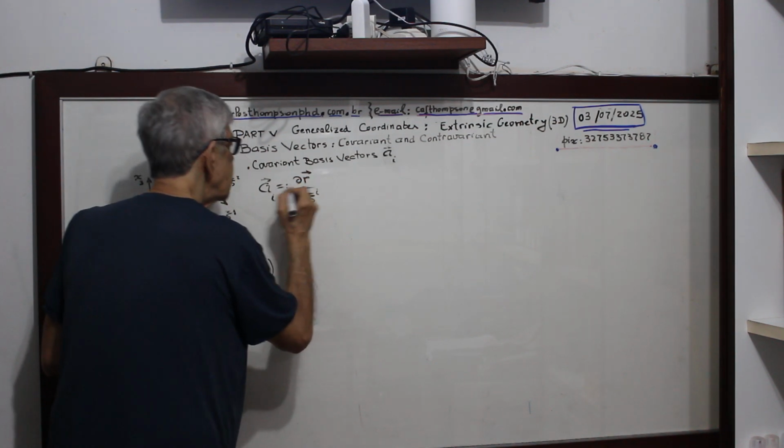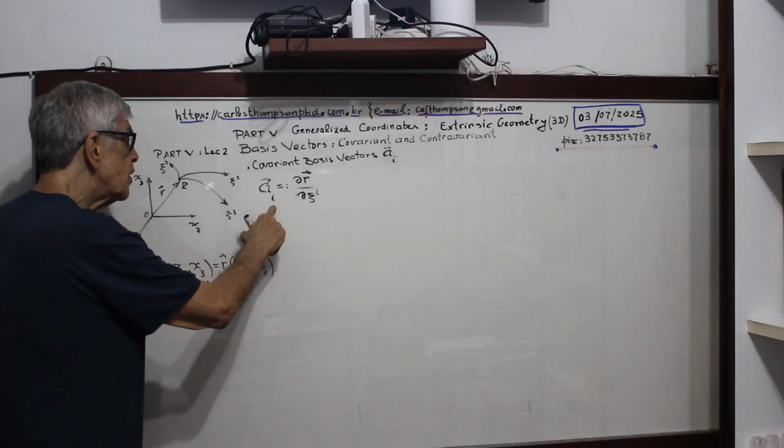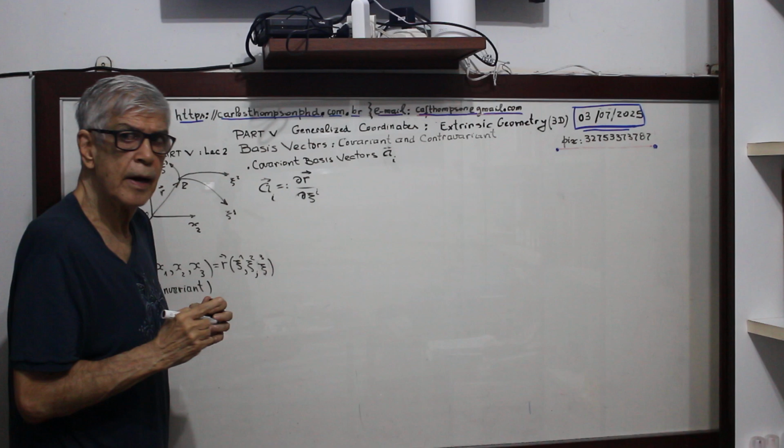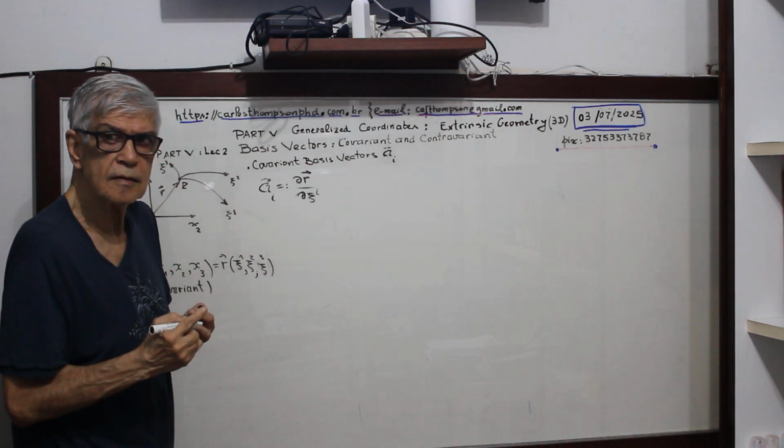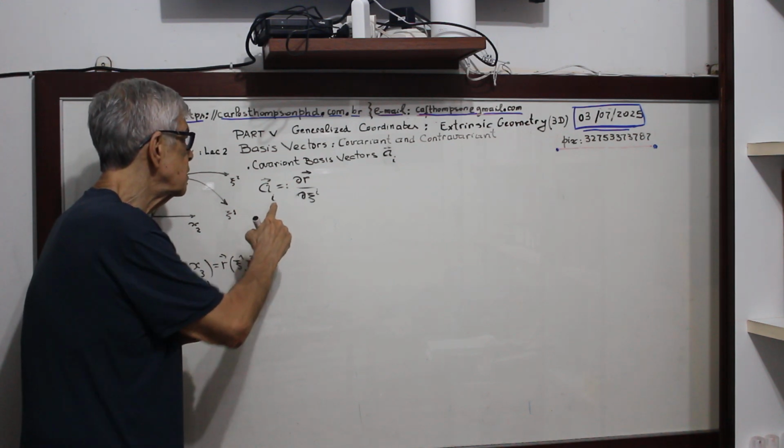This is by definition. Now, you see, on the left-hand side, i is a free index, and it is also covariant.